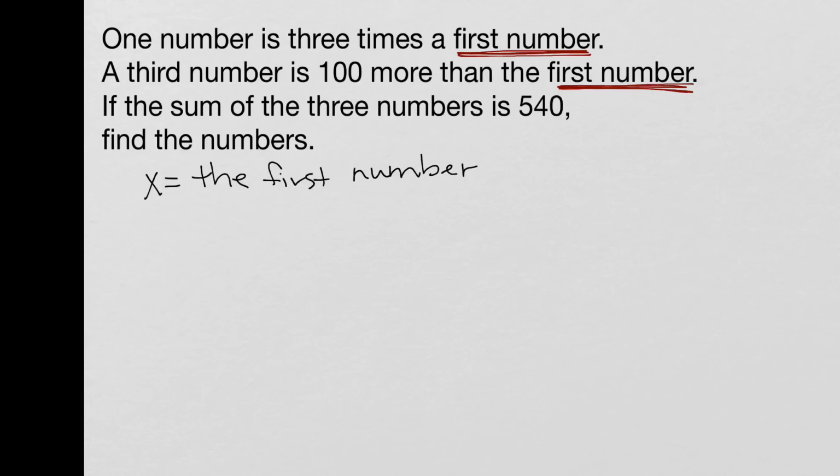To find the next number, we look back at the problem. It says one number is 3 times, so we multiply times 3 the first number. So if our first number was x, 3x is going to be what they call one number, which is really our second number.